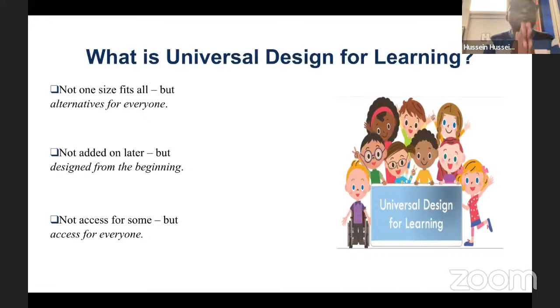When you apply one teaching method or methodology in one class, it does not fit all. But you have to create alternative ways so that everyone could benefit from the teaching methodology you apply. But also not added on later, but designed from the beginning.